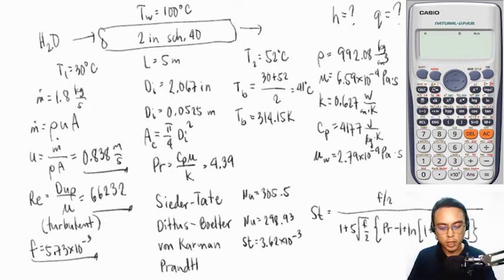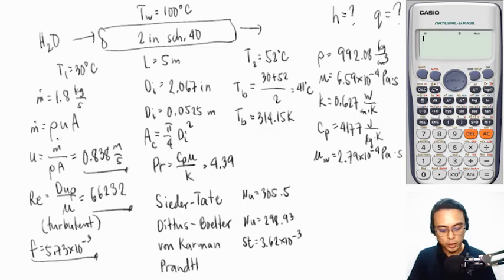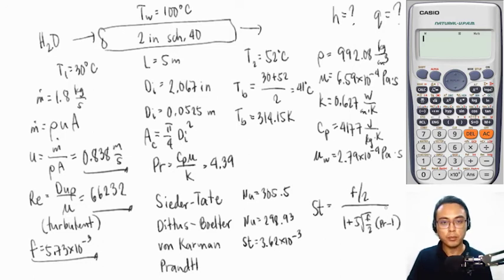And finally, the Prandtl analogy. That is, Stanton number is equal to friction factor over 2 over 1 plus 5 square root of friction factor over 2 times Prandtl minus 1. Substituting, we have 5.73 times 10 raised to negative 3 divided by 2, over 1 plus 5 times the square root of 5.73 times 10 raised to negative 3 over 2, times Prandtl number, 4.39 minus 1.